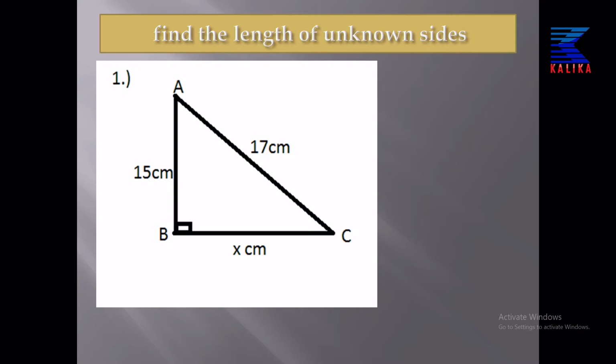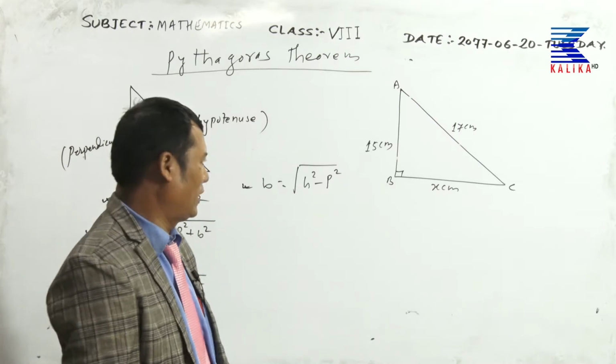Now here 17 is what? AC is the side opposite the right angle, so it is the hypotenuse. 17 cm is the hypotenuse and 15 cm is the perpendicular, and BC is x, the unknown term, the base.